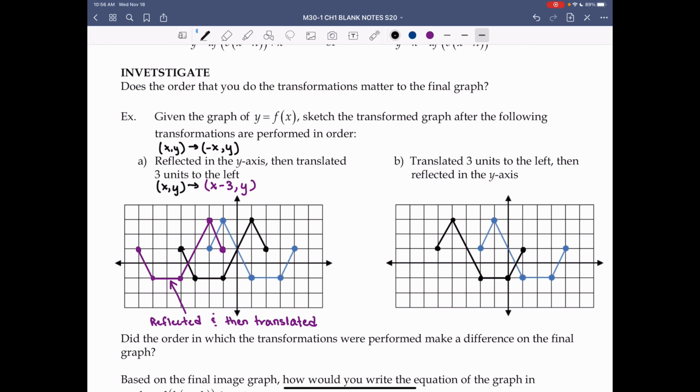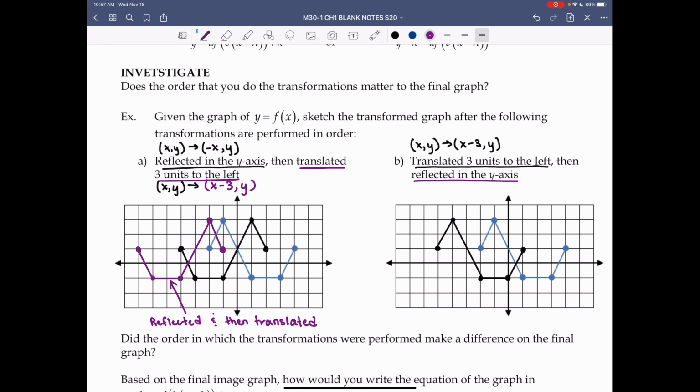That was our translated 3 units, so point x, y would become x minus 3, y. Next, we're going to reflect that new graph in the y-axis.